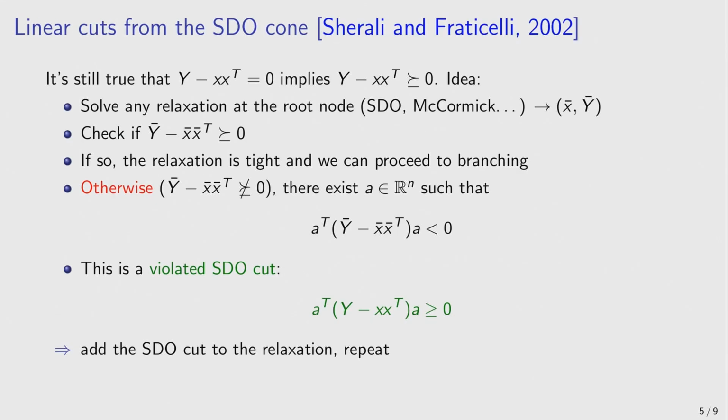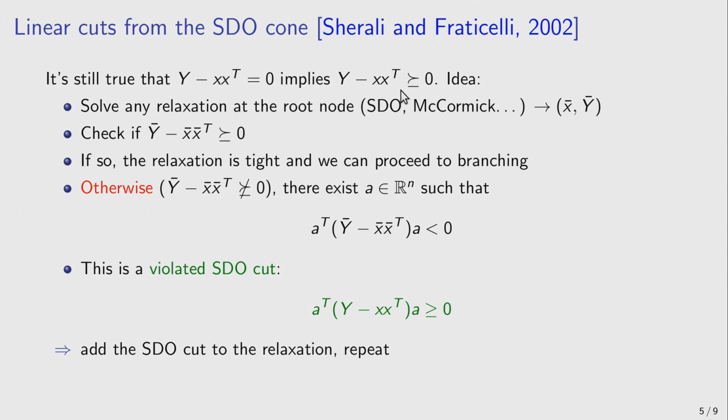And one idea was by Sherali and Fraticelli in 2002, and it's a relatively easy idea. So again, you don't want to enforce this constraint explicitly because it's non-convex, but you still have the positive semi-definiteness of Y minus X times X transposed.